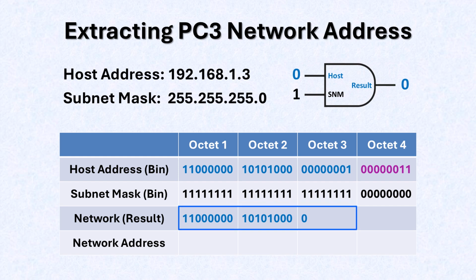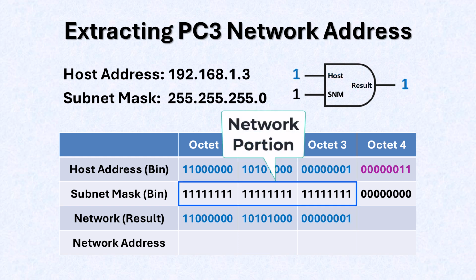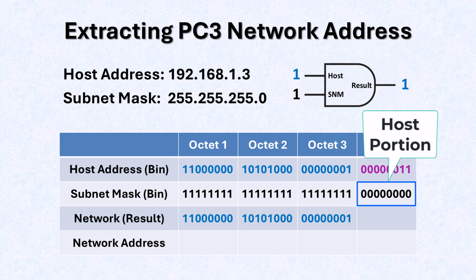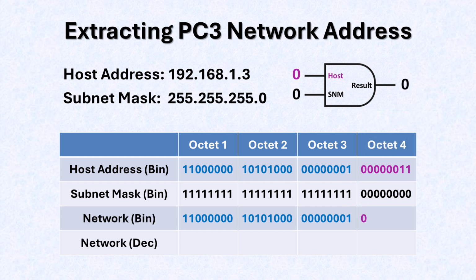This makes sense because the subnet mask divides an address into 2 parts: the network portion and the host portion. The ones in the subnet mask denote the network portion, and the zeros denote the host portion. Recall the network address has all host bits set to 0.